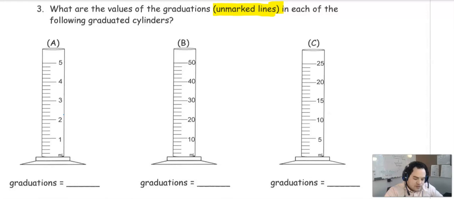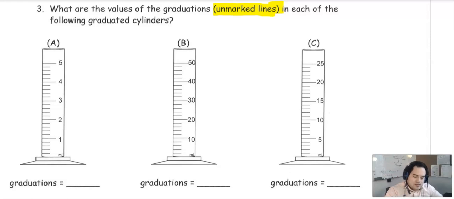Each division, well, there's 1, 2, 3, 4, and then there's one more fifth space. So we said there's 5 divisions to get to the next marked line.